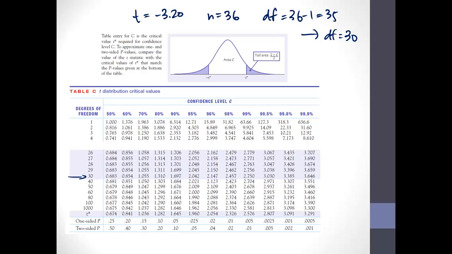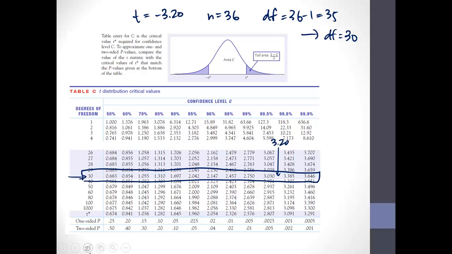And then we need to find where our test statistic would fall in this row of numbers. Focus in on this row here, and we're going to take the positive of our test statistic. It's the same either way. We can see that 3.2 would fall right there between 3.030 and 3.385.